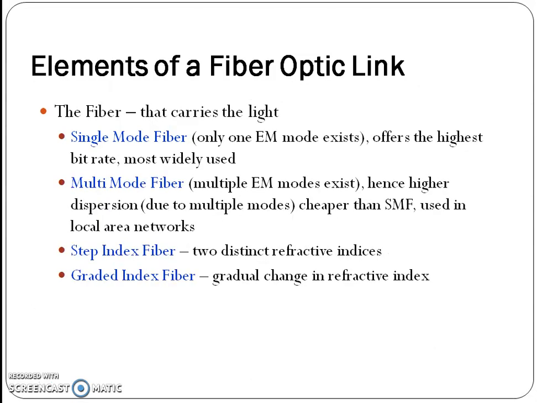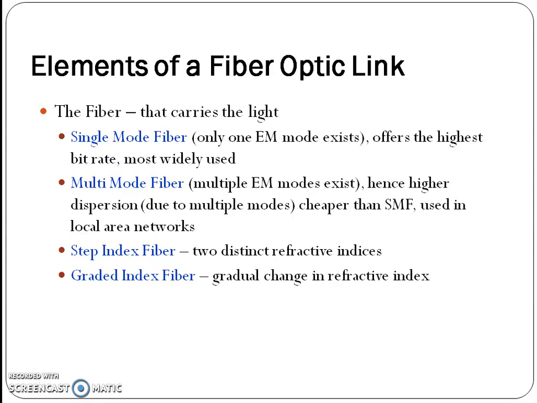Elements of fiber optic link. The fiber used to carry the light may be single mode fiber, multi-mode fiber, or step index or graded index fiber. Single mode fiber has only one electromagnetic mode, and so it offers the highest bit rate and it is most widely used nowadays.